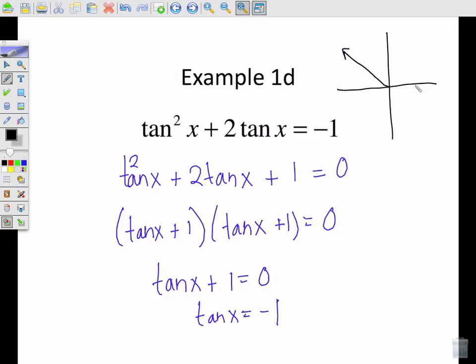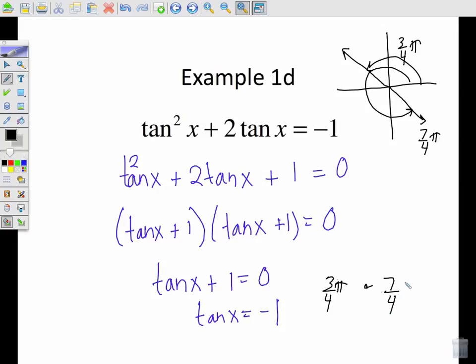Tangent is negative 1 in quadrant 2, so right here in the middle. That angle is 3/4 pi. The ordered pair there is negative root 2 over 2, positive root 2 over 2, and then tangent is also negative in quadrant 4, which should be the angle going all the way around at 7/4 pi.